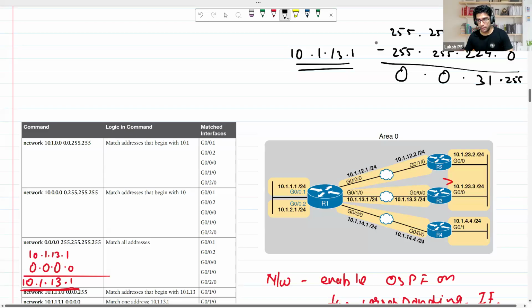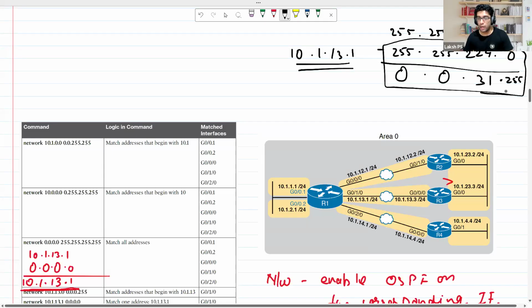0.0.31.255. And the router will automatically calculate what are the interfaces which are coming into this subnet mask, and it will enable OSPF only through those interfaces. Very simple.